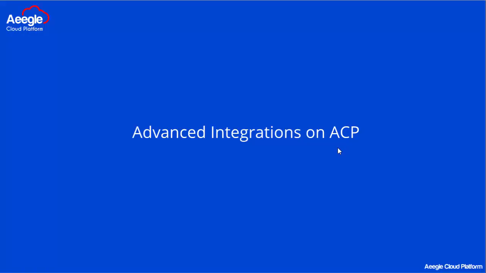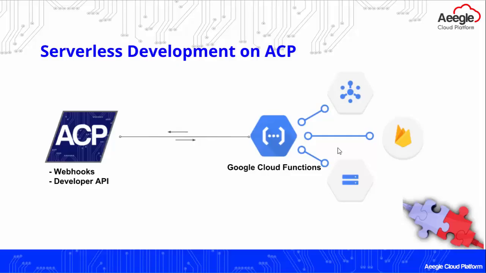Now, we just talked about the natural or the default integration between ACP and G Suite and all the benefits that you can get out of that integration. Now, let's talk about some advanced integrations on ACP. What we are chasing, what we want to achieve is serverless development on ACP. For that, on ACP, we have created webhooks and the developer API.